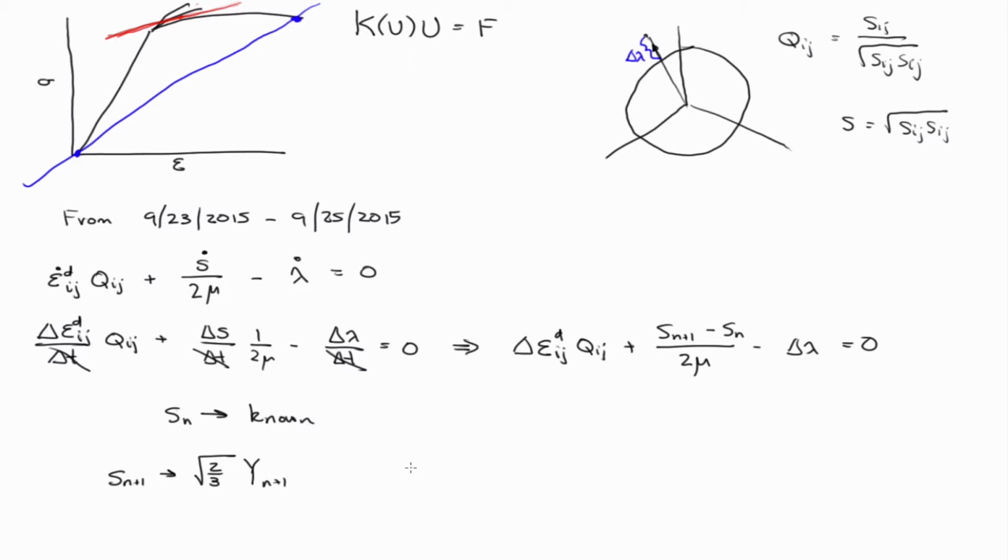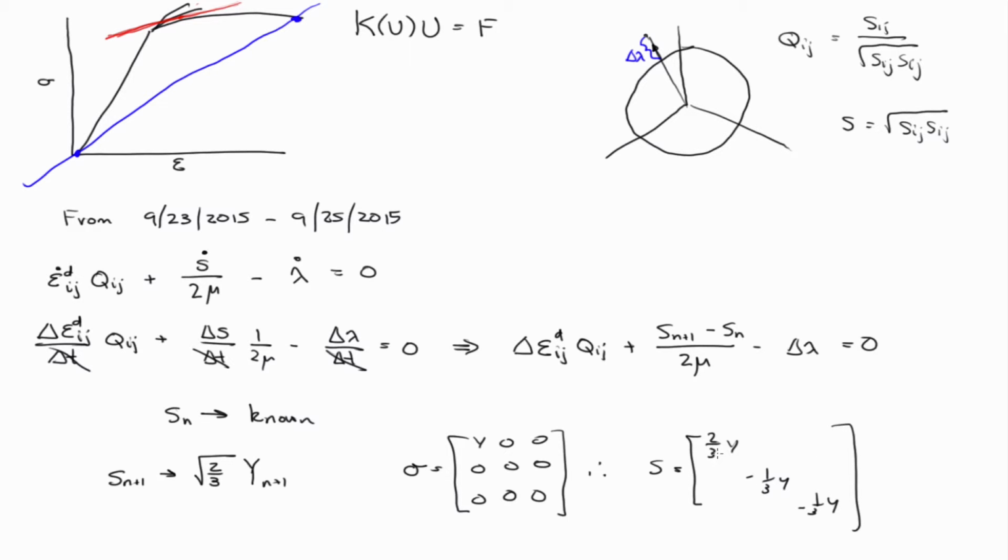And if you remember that all comes about because of this. The square root of 2/3 comes about because in a uniaxial yield strength test, the stress looks like that. Therefore, S is the square root of 2/3 times y, minus 1/3 y, minus 1/3 y. And if you take the magnitude of that, then you get the square root of 2/3 y.